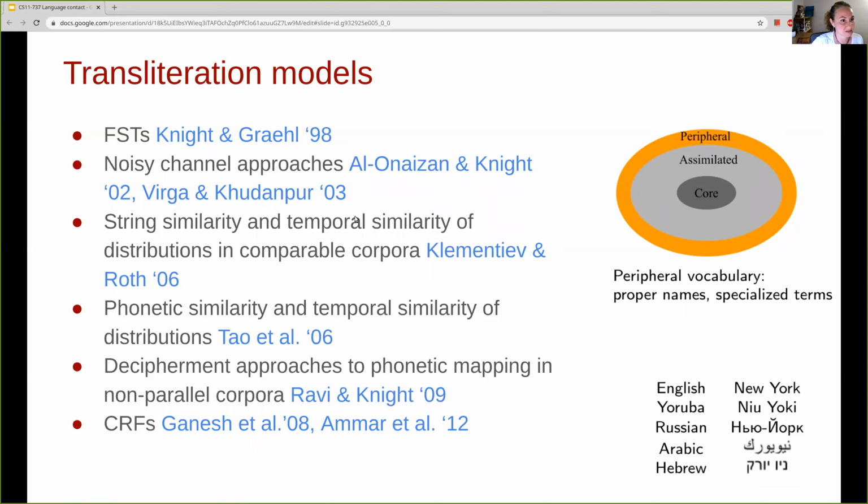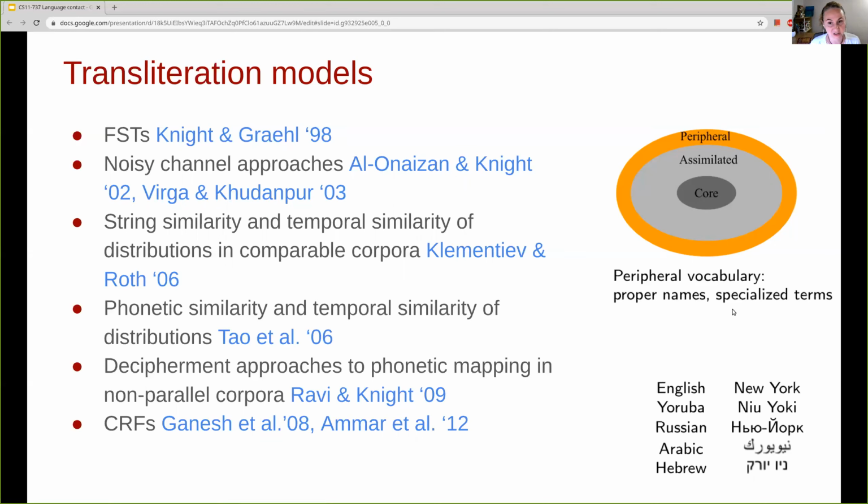Earlier approaches, in the late 90s and early 2000s, focused on string transduction using probabilistic finite state transducers. And then newer architectures were introduced that focused on noisy channel approaches, commonly used in pre-neural statistical machine translation. So again, these are just character-based machine translation methods.